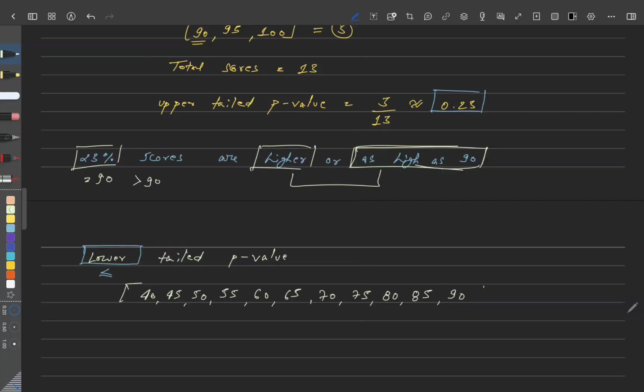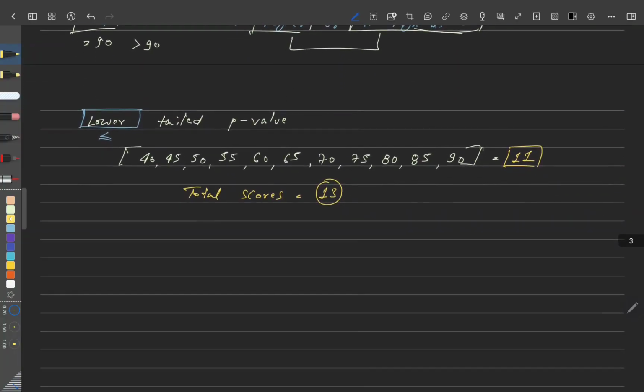So remember, less than or equal to 90. So we have around 11 of those. Okay, 11 of those. Total scores are 13 as before, and the simple way to calculate this is to divide 11 by 13.